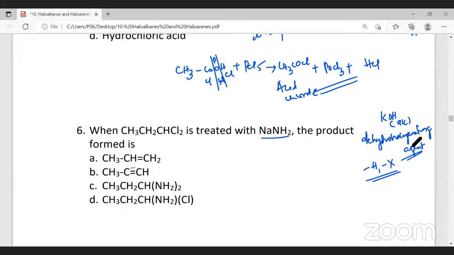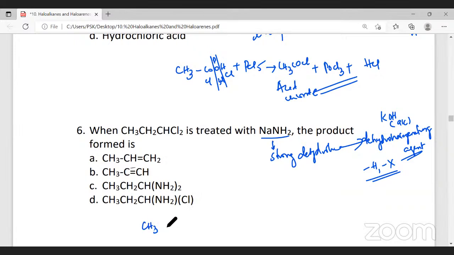That's called a dehydrohalogenating agent. Here, soda amide is a strong dehydrohalogenating agent, while KOH is normal. When we say soda amide is a stronger dehydrohalogenating agent, what will happen?